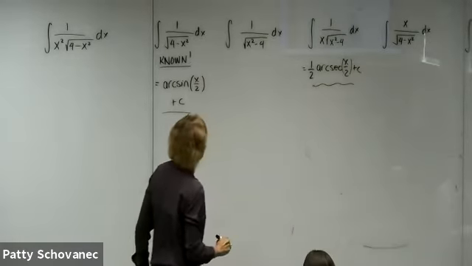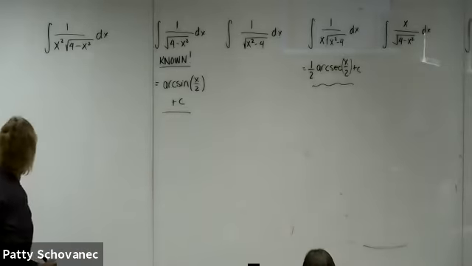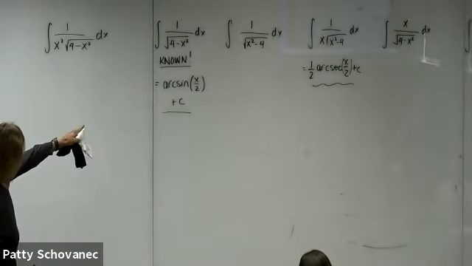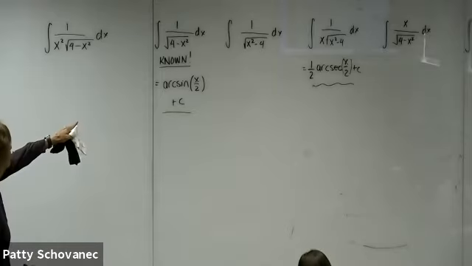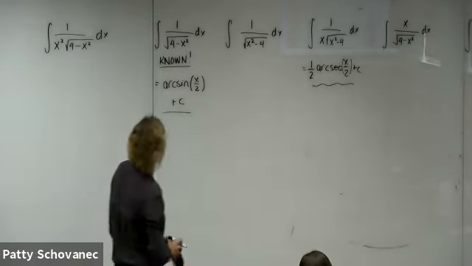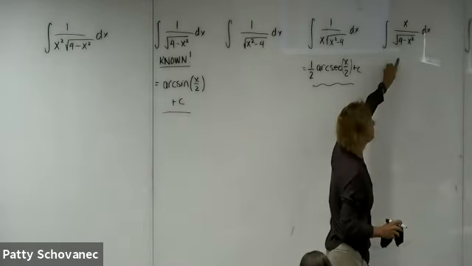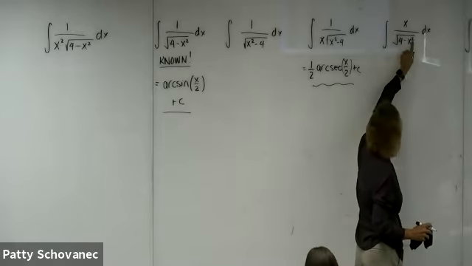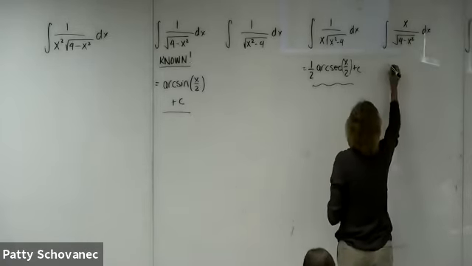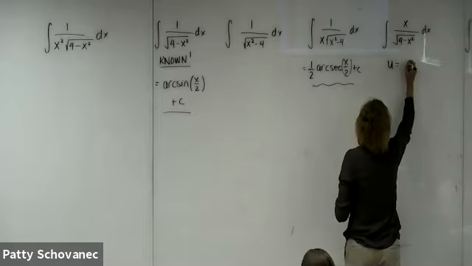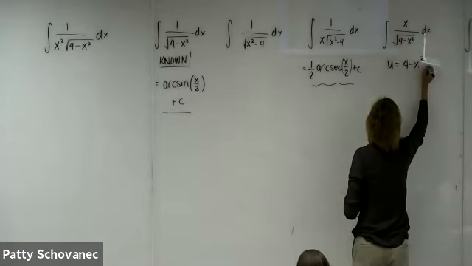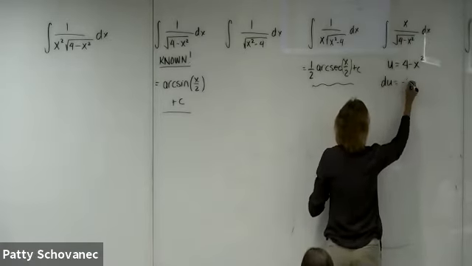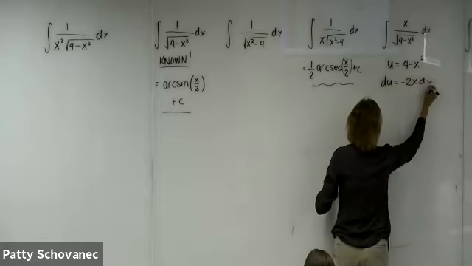Then of the ones that remain, the third one is a secant substitution. Yes. It's u du. This one's just a u du integral, right? One power more on the bottom than on top. So here you're going to integrate. Take u to be 4 minus x squared. du is minus 2x dx, and there's our x.